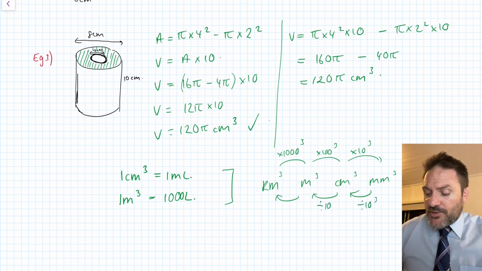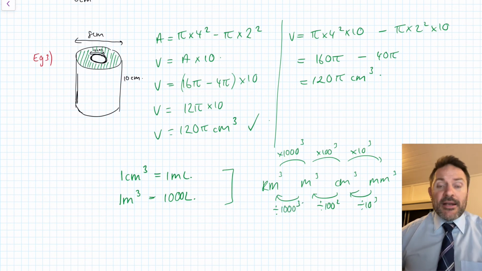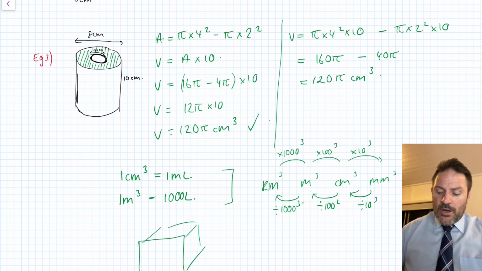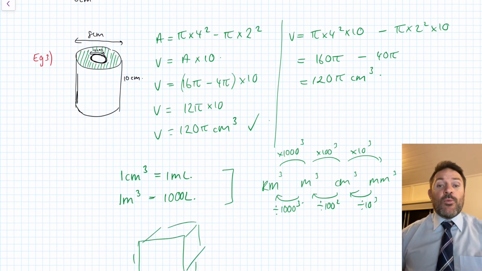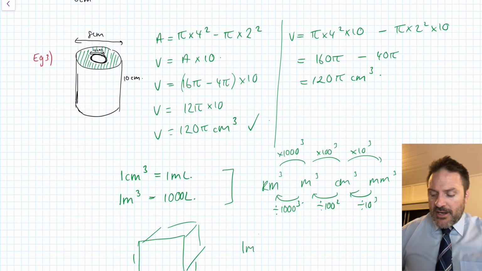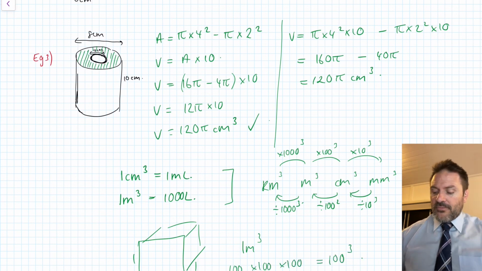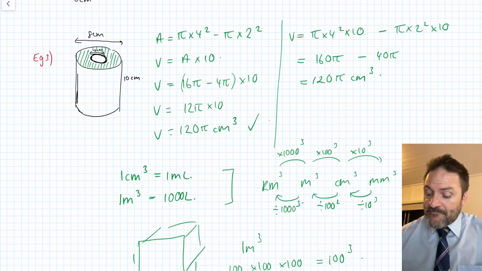Of course you'd expect your answers to be quite a lot. We can always come back to a 1 meter cube. 1 by 1 by 1 is going to be 1 meter cubed. But if we turn it into centimeters, we get 100 by 100 by 100, which you can see here is 100 cubed, and it works out.